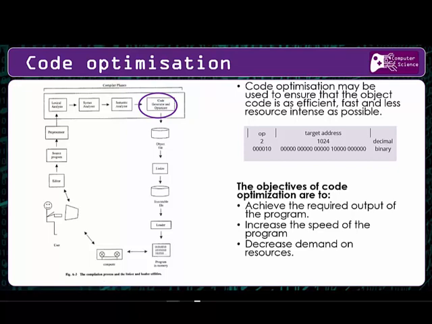And the key thing there is, what are we doing? The objective is to do three main things. Achieve the required output of the program, increase the speed of the program as it runs as efficiently as it can, and decrease the actual demand on resources, so we need less memory or less reading and writing to external storage as such.